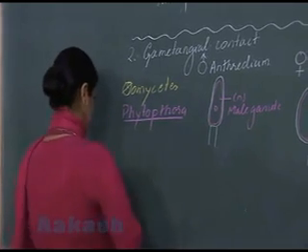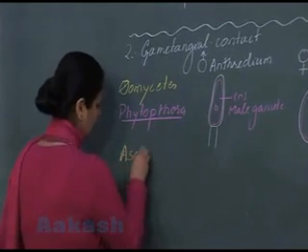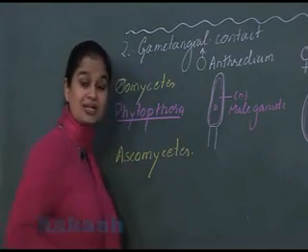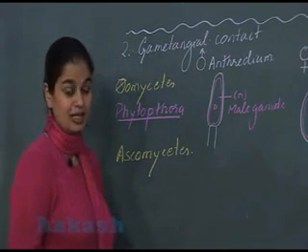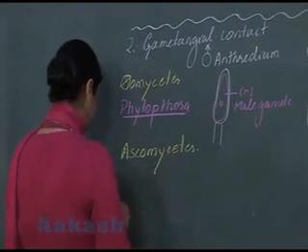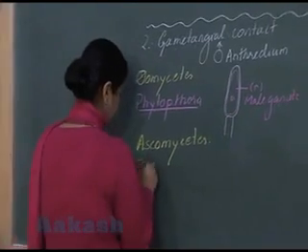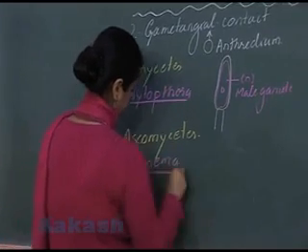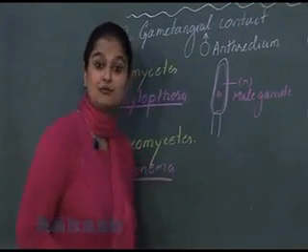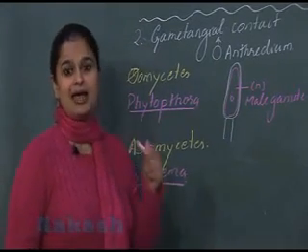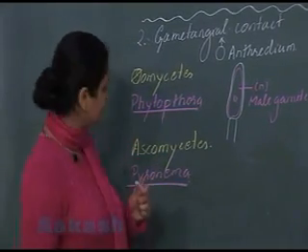Along with that, this method of reproduction can also be seen in members of Ascomycetes. एस्कोमाइसिटीज के अंदर एक मेंबर का आप नाम लिखेंगे, that is Pyronema. पायरोनिमा के अंदर जो फीमेल सेक्स ऑर्गन बनेगी, now it is known as ascogonium. Are you getting that?